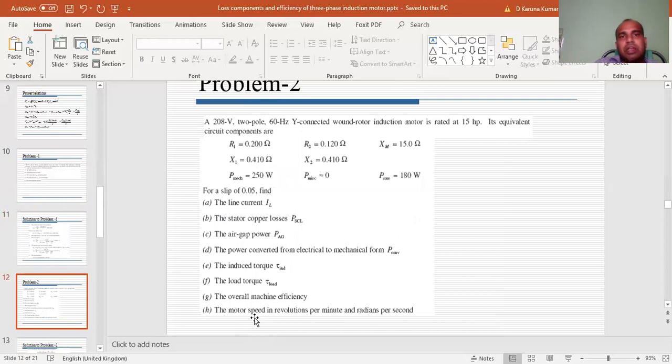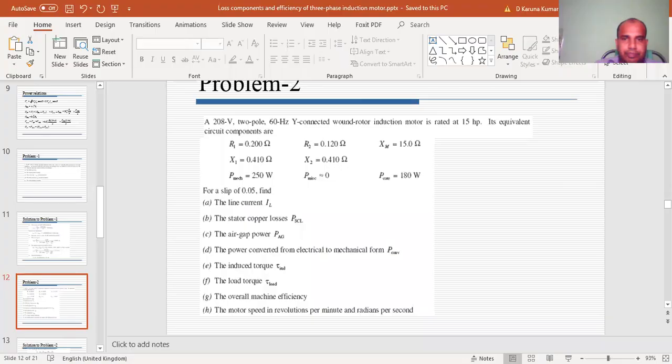The second problem: the voltage is 208 volts, the frequency is 60 hertz, and it is a wound rotor motor rated at 15 HP. The line current is IL.